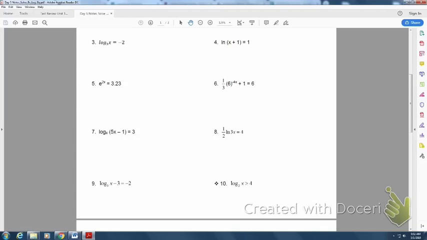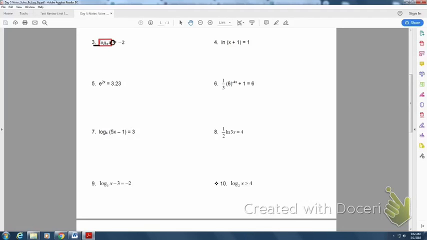Okay, so for example, let's go to, well, we'll go through this. So what you want to do is you want to identify, you got to isolate your log, which is where it says log, the base, and the argument. Alright, on number 3, there's nothing in front that I would need to divide by.